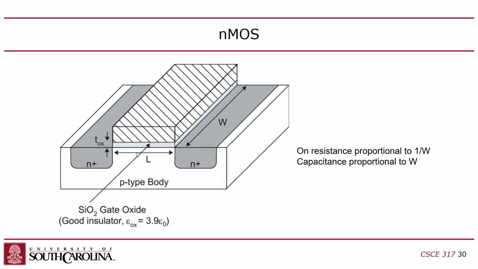But the width, you can deliberately make the width bigger. And basically, the bigger the width, the more powerful your transistor is. The faster it'll switch, the lower on resistance it has, right? So generally speaking, the width is in multiples of the minimum. So you can have a size 1 transistor or a size 2 transistor, which would be 20 times, where the width is 20 times that of the length, or a size 4 transistor.